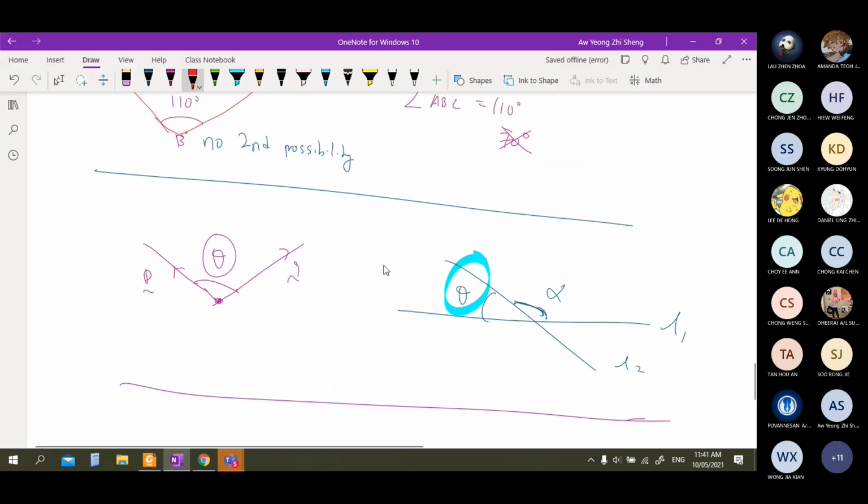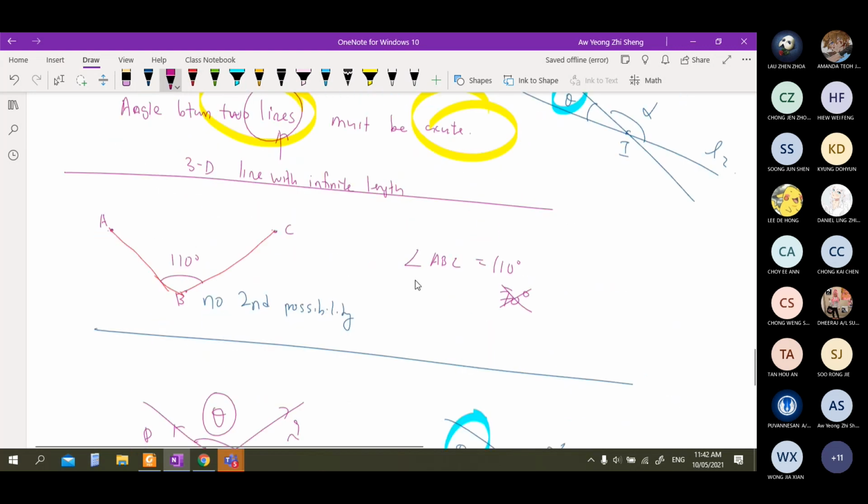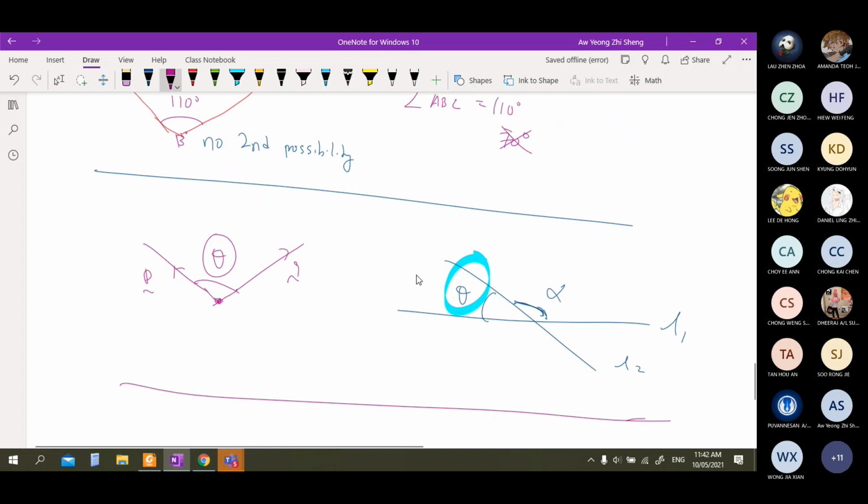So as long as you are clear, when you are forced to have an acute answer, then you would know when you need the modulus at the numerator when you apply the formula. Only when you are forced to have an acute answer, then only you put a modulus at the numerator. Right, the purpose of putting modulus at the numerator is to ensure that you get an acute answer.